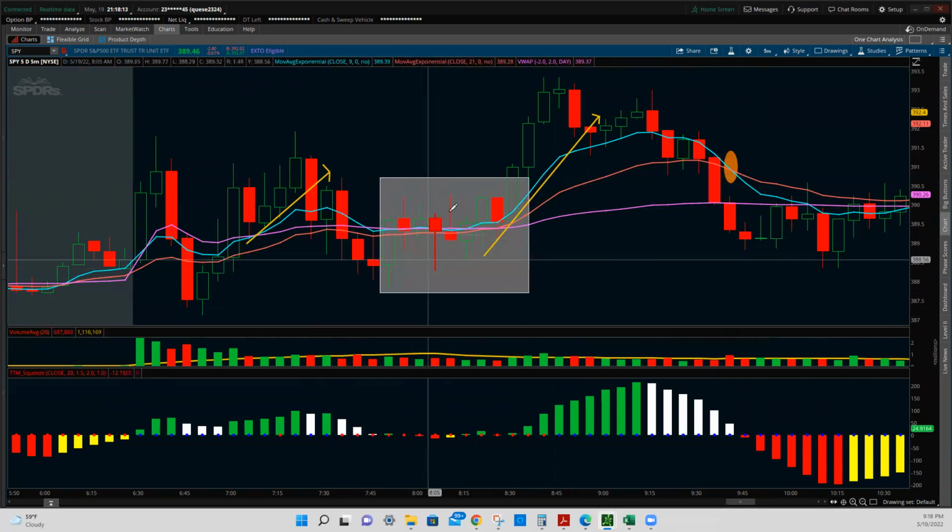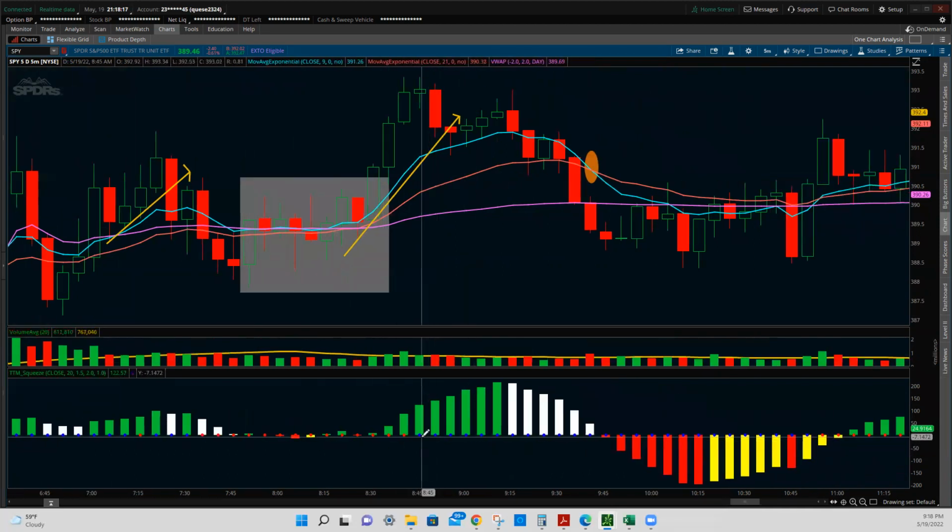You wouldn't have wanted to get into a position here when these dots were red. But when they turned blue, that indicates a higher probability, and remember, nothing is guaranteed in trading. You want to take everything objectively and think in probabilities, making sure the probability is stacked in your favor.